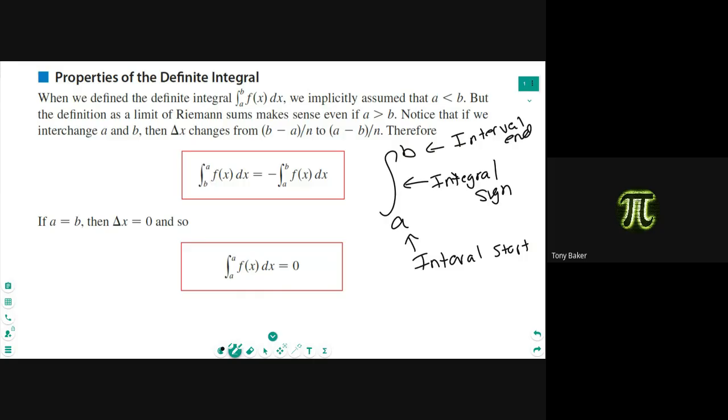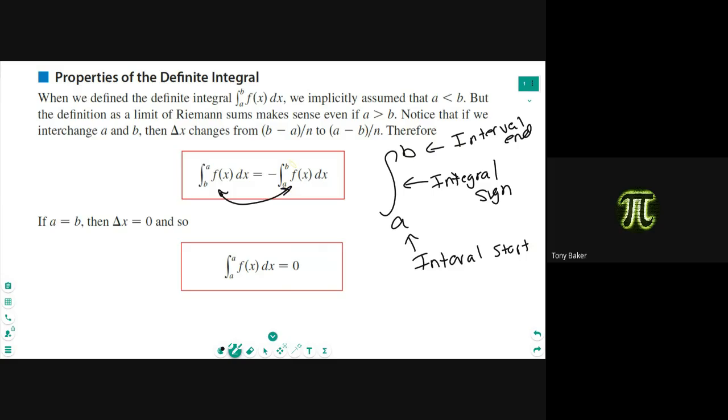If you reverse the beginning and the end, you get a negative. All right. So if you go the opposite direction, the answer is just going to be negative. So that's basically what this rule says.